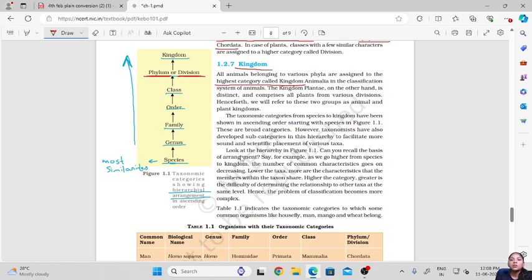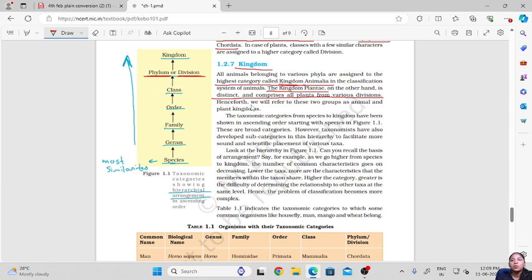So all the animals which belong to various phyla will be assigned under the kingdom Animalia. Kingdom Animalia means animal kingdom, and the kingdom Plantae is a distinct group and comprises all the plants of various divisions.